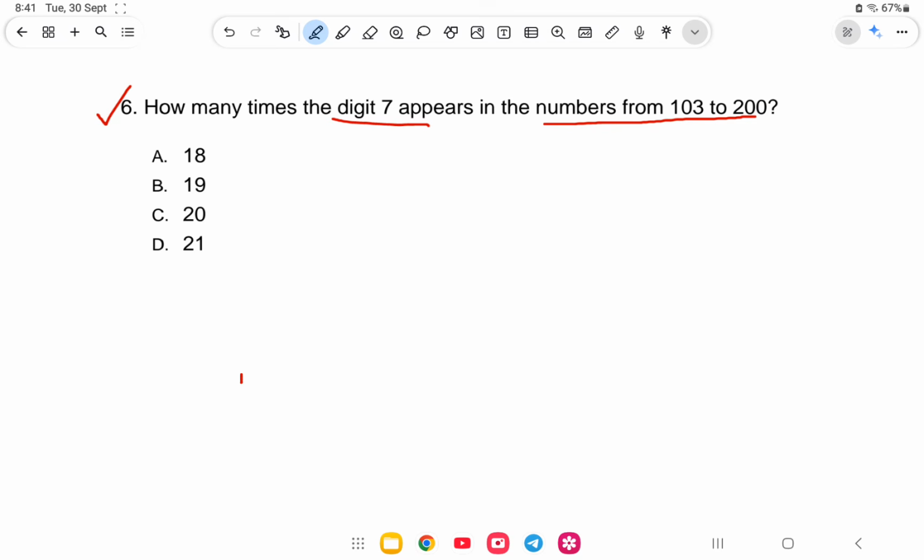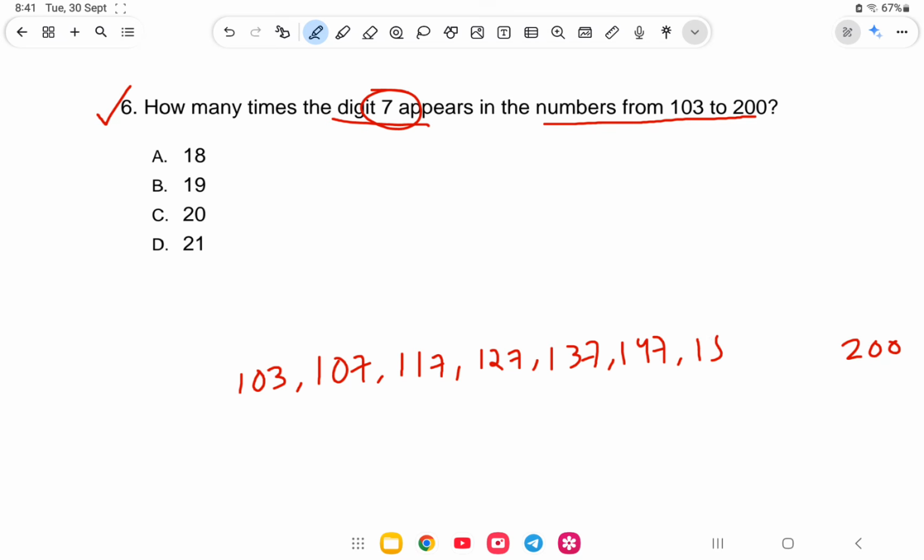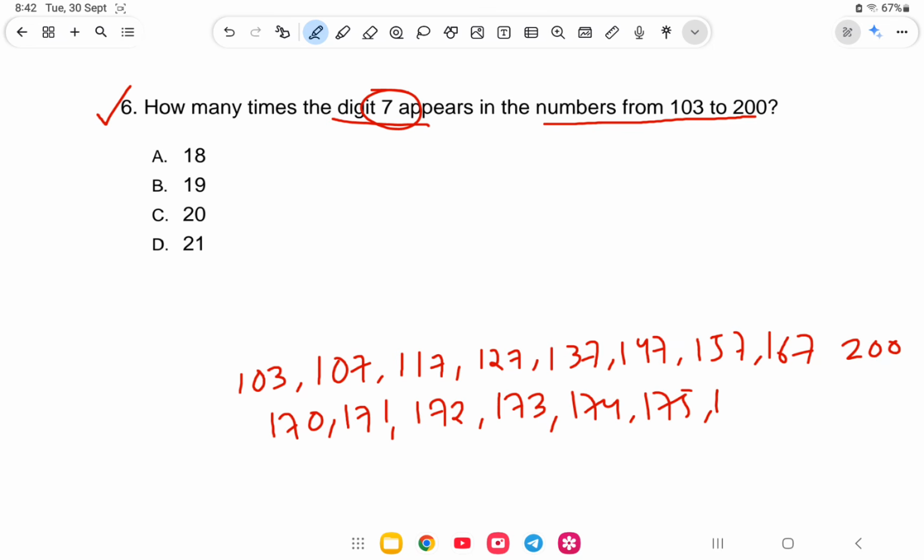So the question is, between 103 and 200, how many numbers have 7 appearing? So from 103 the next is 107, 117, 127, 137, 147, 157, 167, 170, and also 171, 172, 173, 174, 175, 176, 177, 178, 179, and also 187, and 197.